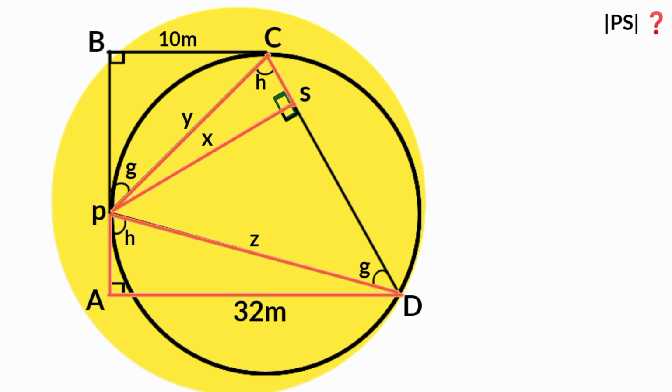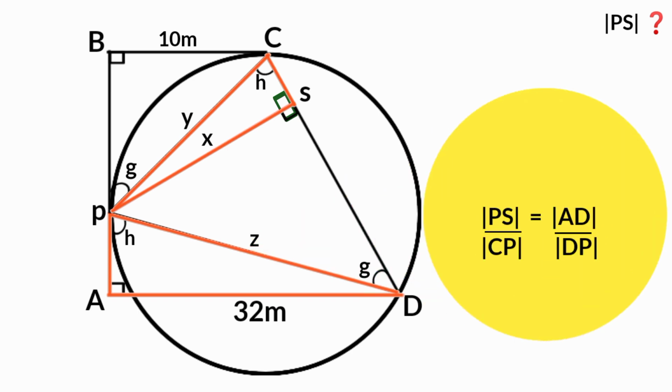So if we take the ratio of their sides, this side PS, which is facing angle H, divided by this side CP, which is facing the right angle, must be equal to this line AD, which is facing angle H, divided by this line DP, which is facing the right angle. So line PS over line CP equal to line AD over line DP.